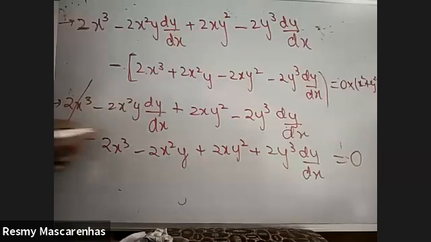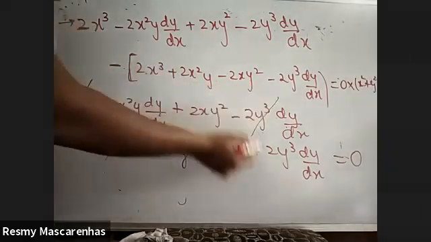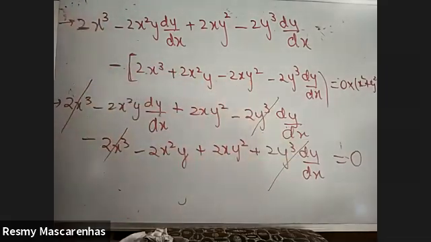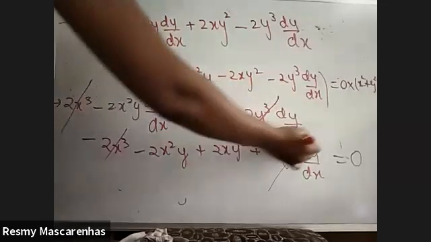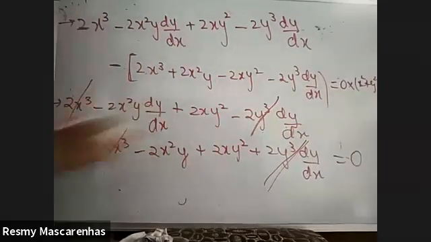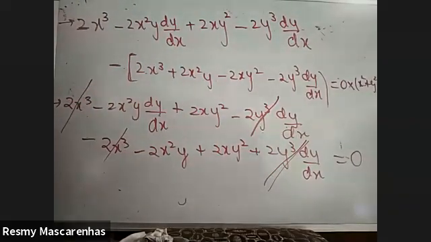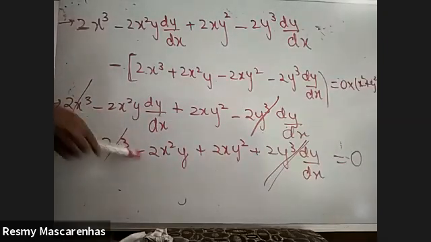So 2x cube minus 2x cube will cancel. Same way, minus 2y cube plus 2y cube will cancel. Remaining terms will not get cancelled because this is also plus, this is also plus. Same way, minus and minus.